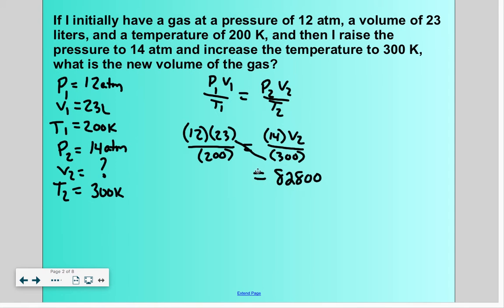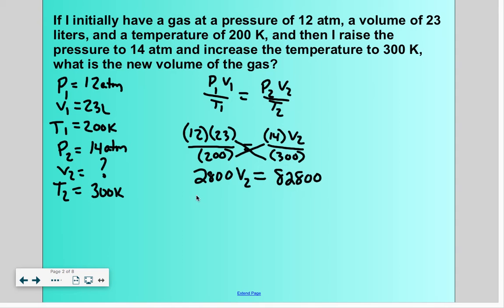Then I set it equal to the other cross product, 200 times 14, and that gives me 2,800, times V2.